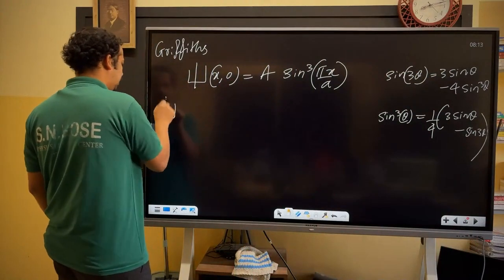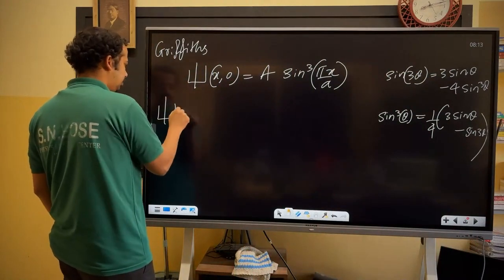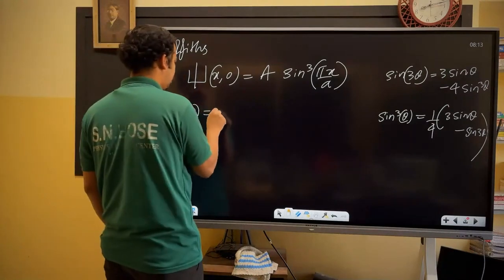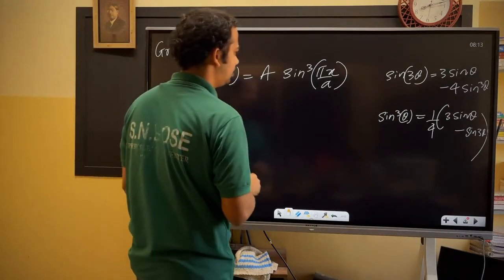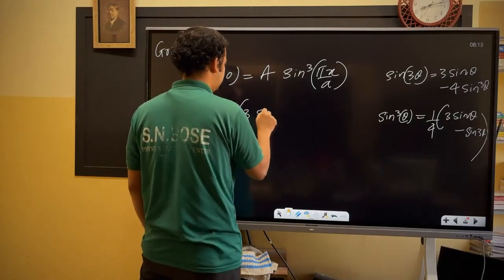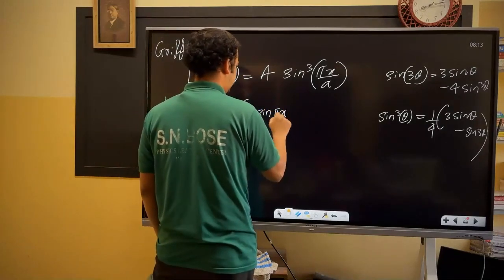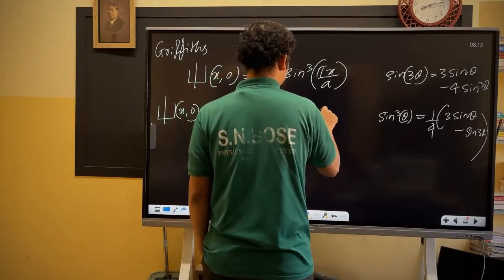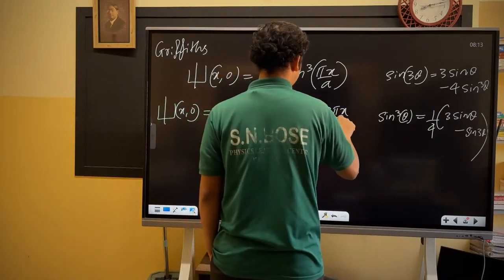I will give you a normalized wave function without doing any integral. So a here is 1/4 of 3 times sine pi x by a minus sine 3 pi x by a. Am I right?